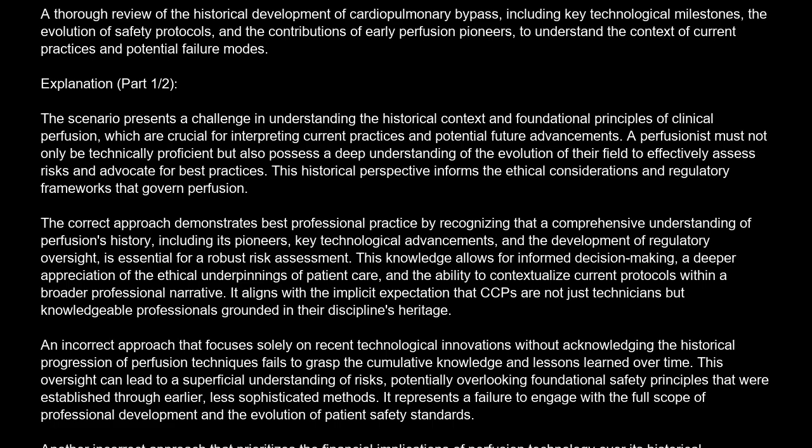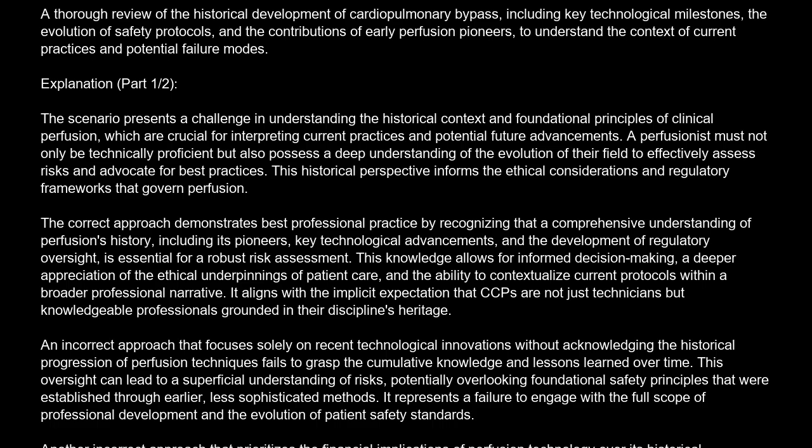A perfusionist must not only be technically proficient, but also possess a deep understanding of the evolution of their field to effectively assess risks and advocate for best practices. This historical perspective informs the ethical considerations and regulatory frameworks that govern perfusion. The correct approach demonstrates best professional practice by recognizing that a comprehensive understanding of perfusion's history, including its pioneers, key technological advancements, and the development of regulatory oversight, is essential for a robust risk assessment.